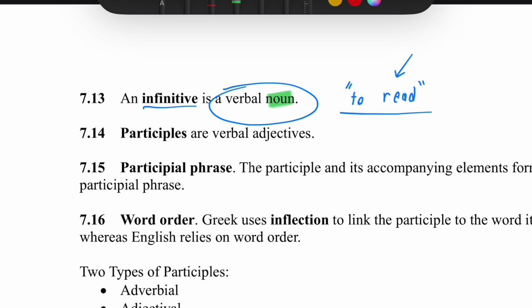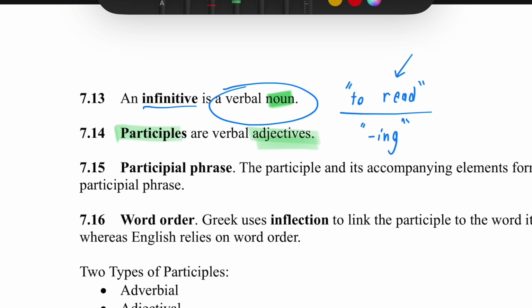Next we have participles. And here participles are verbal adjectives. So rather than being verbal nouns, they're verbal adjectives. And these are formed by adding on ing to the end of words.